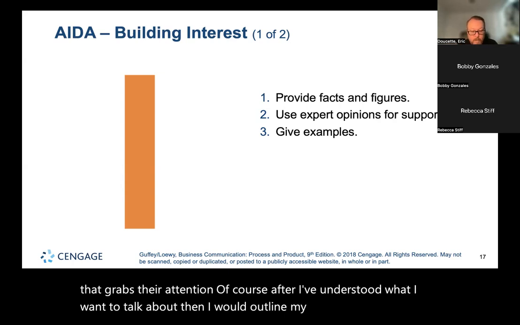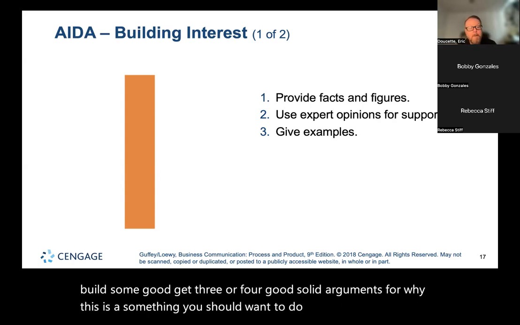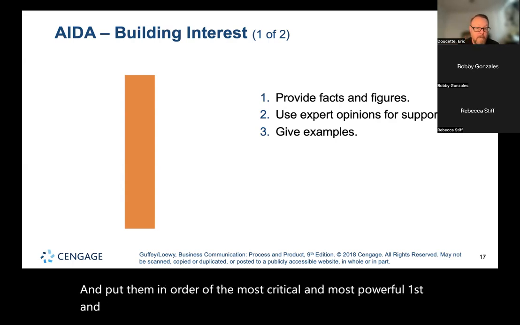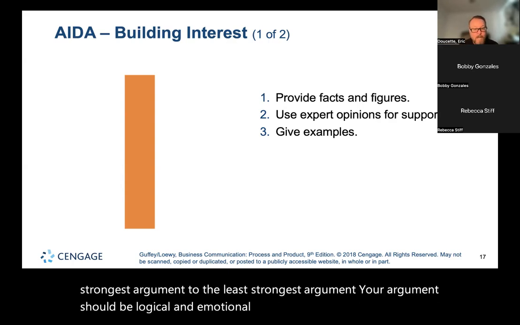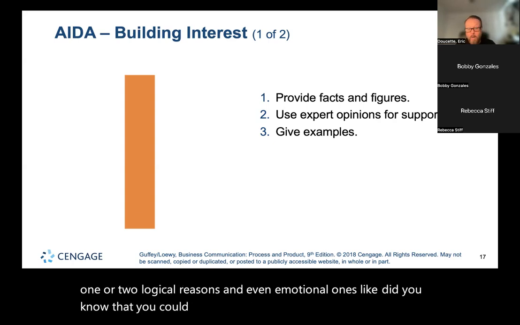I would get 3 or 4 good solid arguments for why this is something you should want to do or people should want to do, and put them in order of the most critical and most powerful first, and then list the other 3 in subsequent order from the strongest argument to the least strong argument. Your arguments should be logical and emotional. So in other words, you can have 1 or 2 logical reasons and even emotional ones, like, did you know that you could be supporting local farmers?